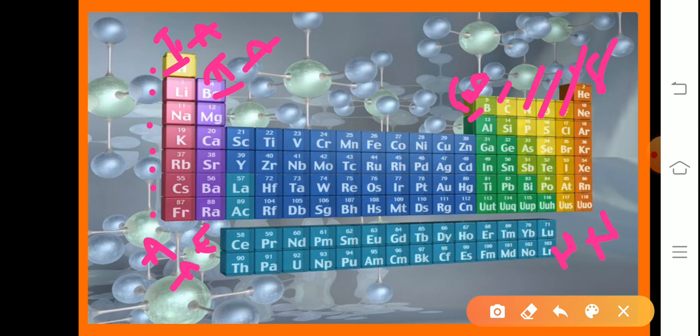They are helium, neon, argon, krypton, xenon, radon, and an unknown discovery, right?